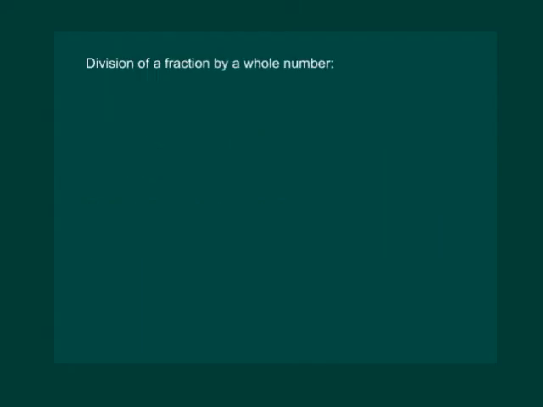Let us now see what happens if we have to divide a fraction, say 3 by 4, by a whole number. We can solve this using our earlier observation. We can write this as 3 by 4 divided by 3 by 1. Now, using the rule, we can reciprocate the second fraction and get 3 by 4 multiplied by 1 by 3.